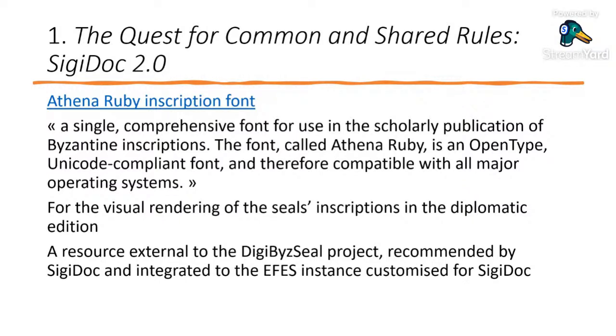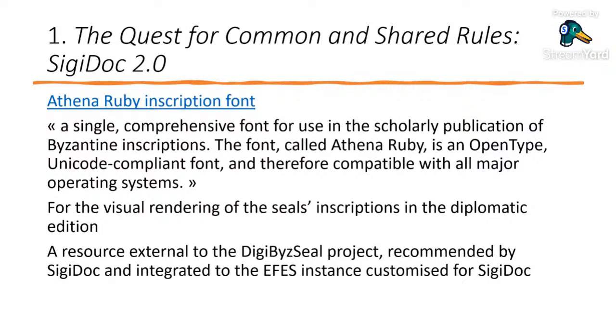the letters on the seal a specific font called Athena Ruby, developed by an important research center for Byzantine studies, Dumbarton Oaks, in Washington, D.C., which also has the most important collection of Byzantine seals in the world.